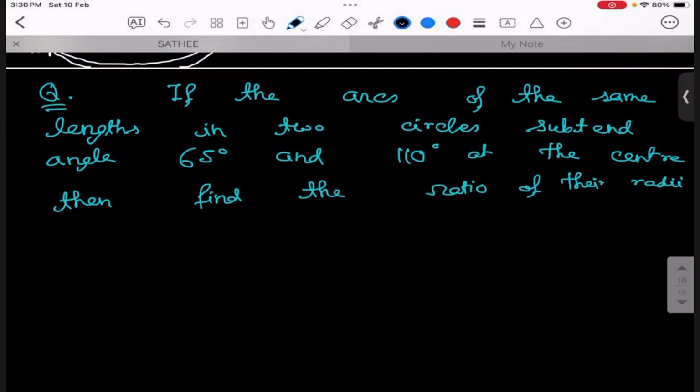So what is the question? If the arcs of the same length in two circles subtend angles 65 and 110 at the center, then find the ratio of their radii.